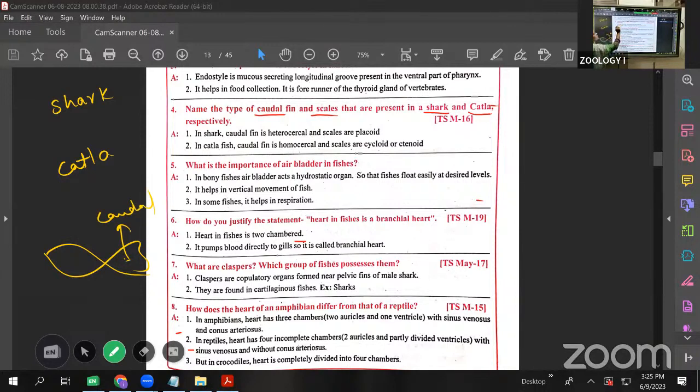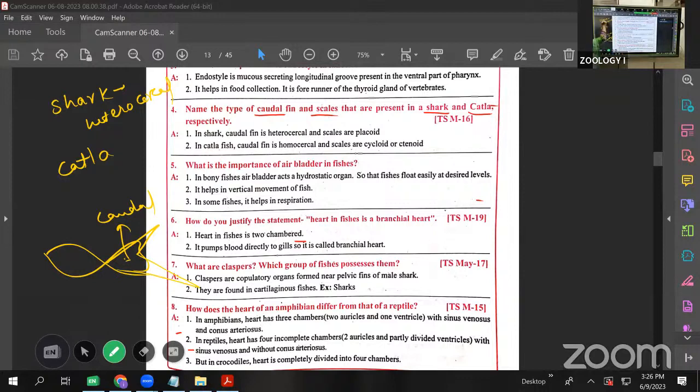The question is: the shark has which type of caudal fin? The shark has a heterocercal caudal fin, like this: one lobe is smaller and one is larger. Like this it is present.